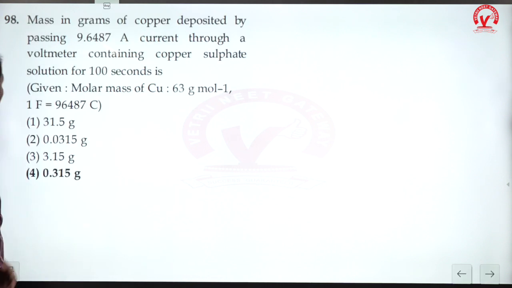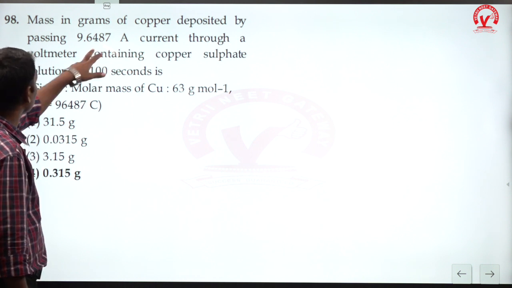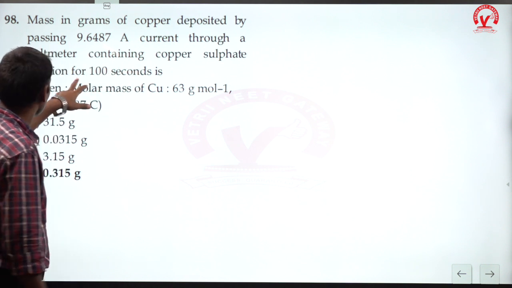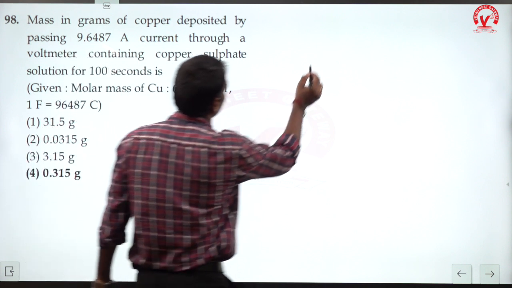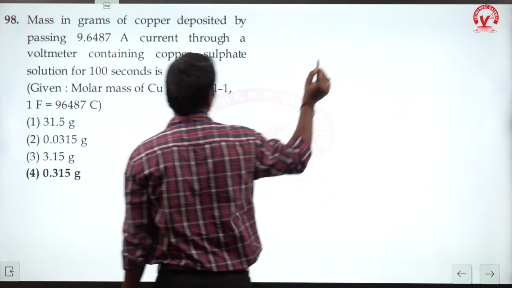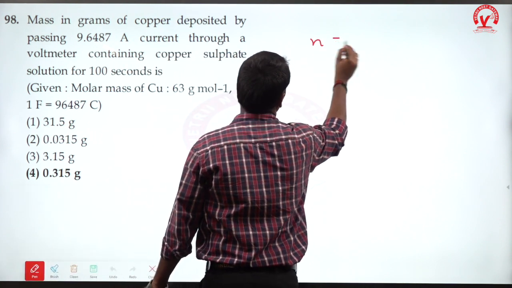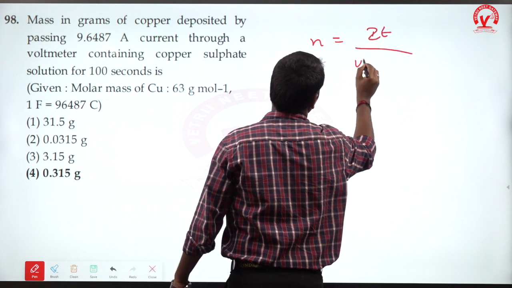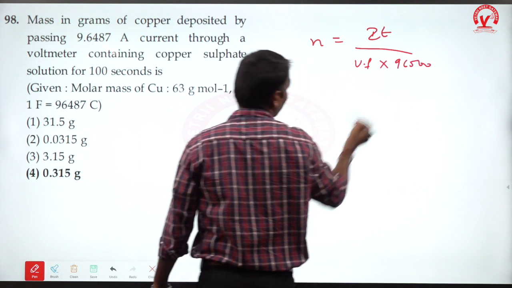Question number 98. Mass in grams of copper deposited by passing 9.6487 amperes current through a voltameter containing copper sulfate solution for 100 seconds. So actually this is Faraday's first law. Number of moles n is equal to I into t divided by valence factor into 96,500, the charge of 1 mole of electrons.